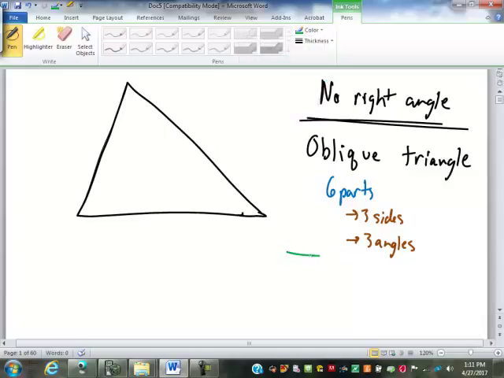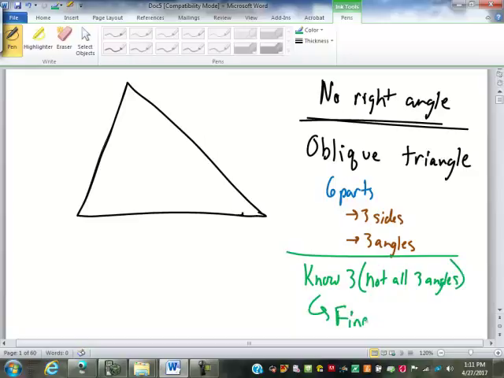If we know any 3, as long as it's not all 3 angles, we can find the rest, even if it's not a right triangle. When it's a right triangle, one of the 3 things we know is the right angle. So all we need to know is one other side and then one other part, period.